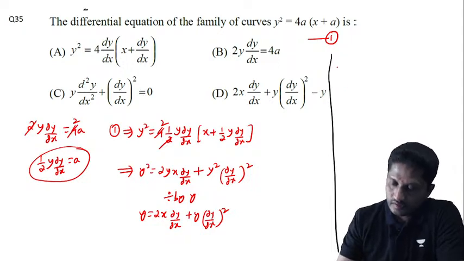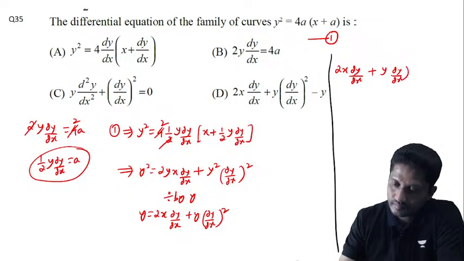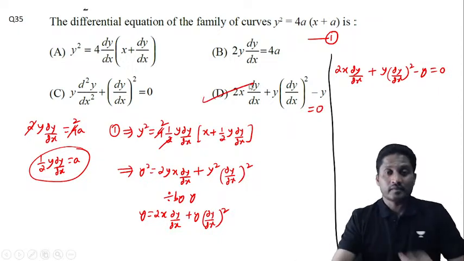Right, so this is 2x into dy by dx plus y into dy by dx the whole square, and then minus y is equal to 0. Is equal to 0 is missing, answer is option D.